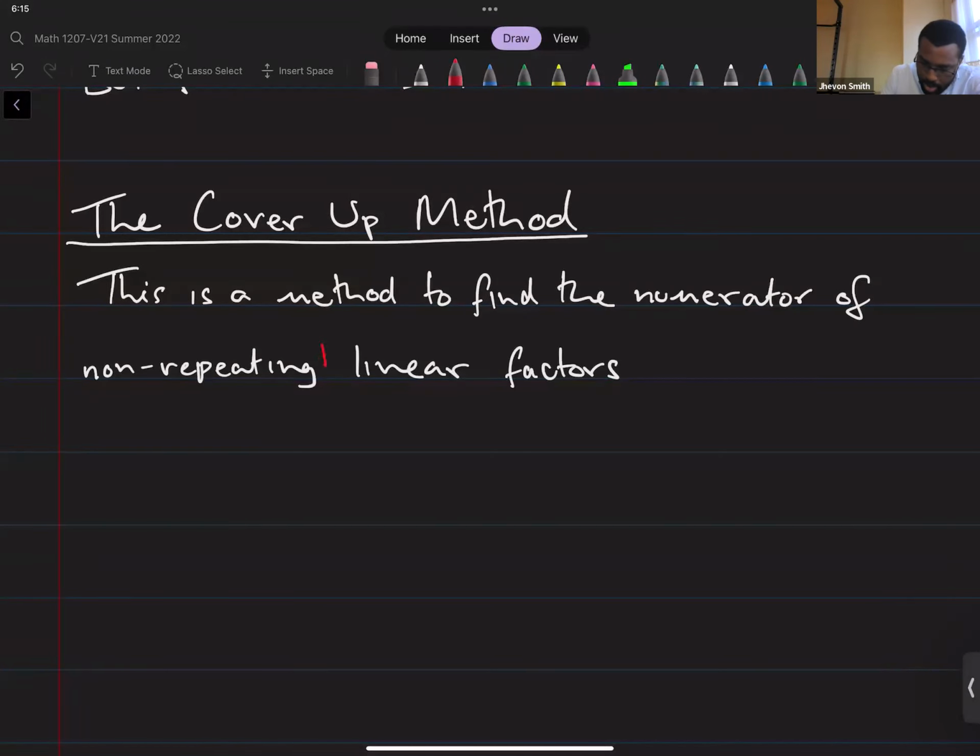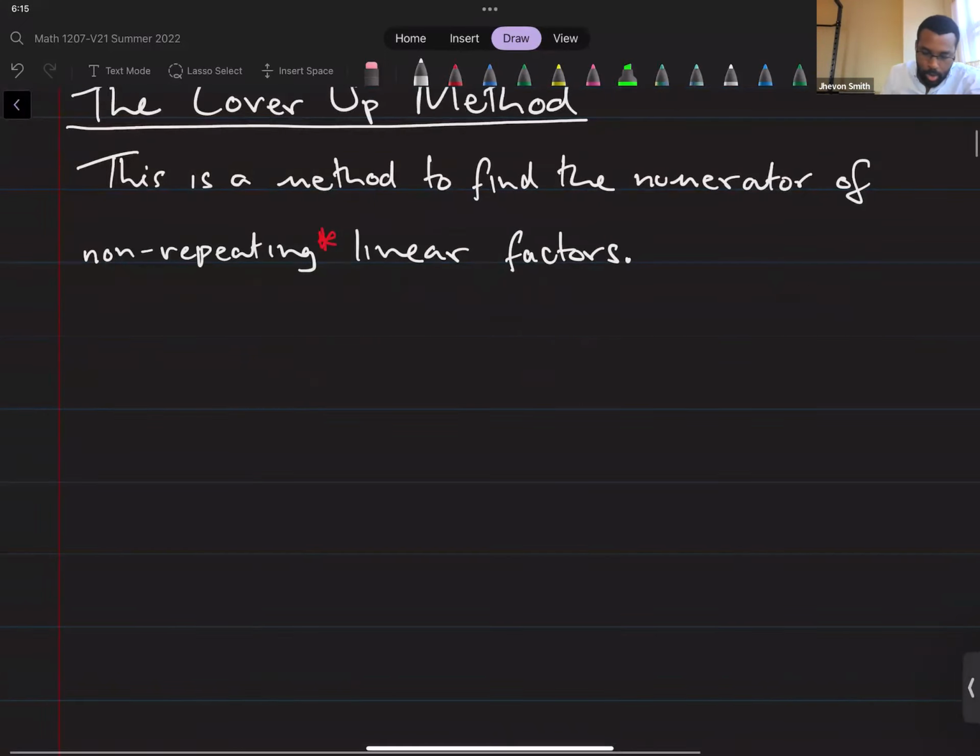I'll put a little caveat here because there's a nuance if you have a repeating linear factor, and I'm going to tell you what that is. But it's a little bit nuanced, so I want to save that for later. So if you had something like 1 over x minus 3 times x minus 2.